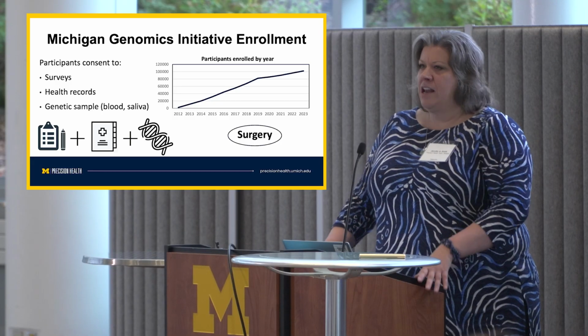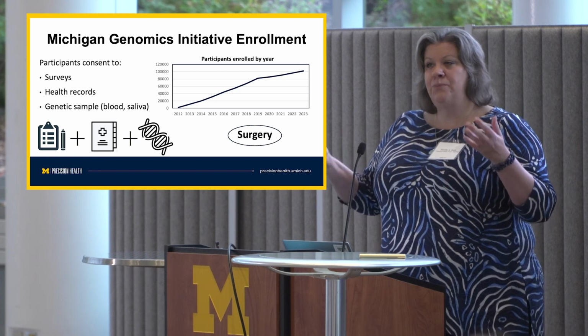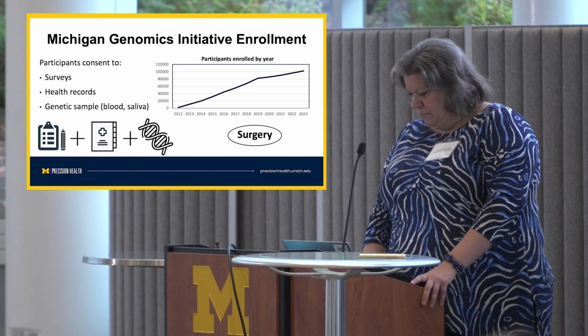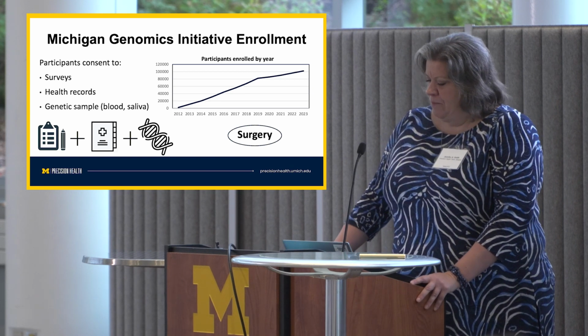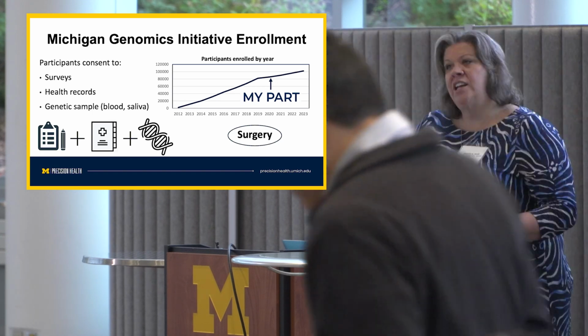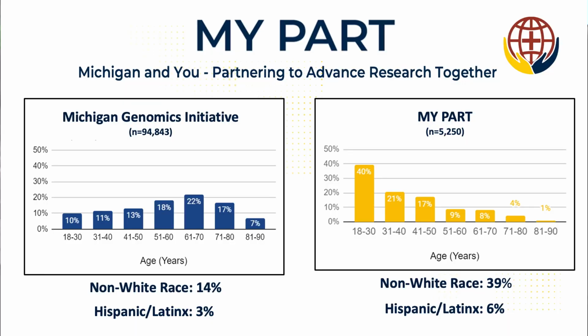And so we realized that we wanted to take a diversity effort to really expand our participants in MGI. One of the ways that we've done that is through the MyPart study. It's called Michigan and You, Partnering to Advance Research Together.